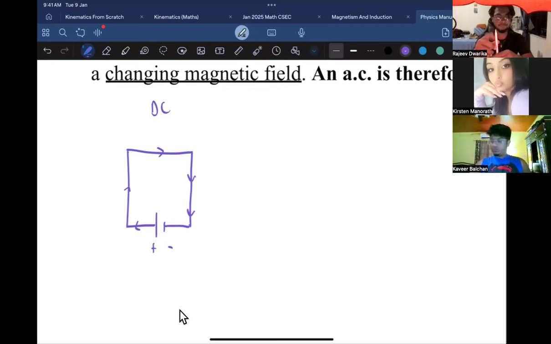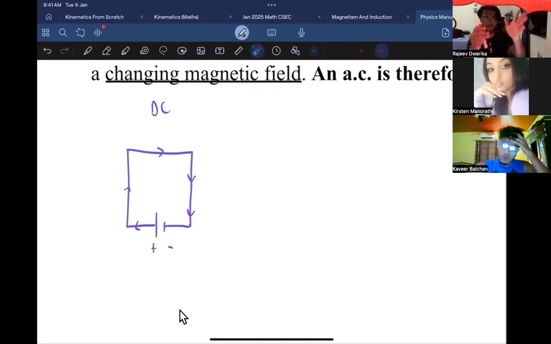So the current is going in this direction. This is my right hand, right? Okay, so the current is going upwards, so I point my thumb in the direction and my fingers curl in this direction.